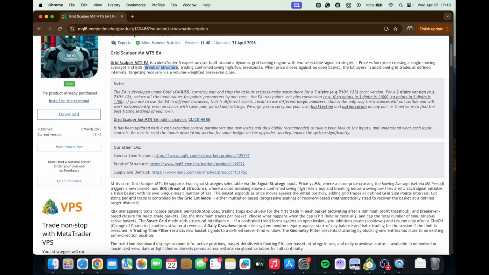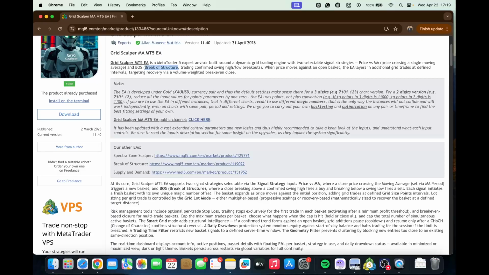So you have the opportunity to choose between these two strategies for this EA, the Greed Scalper. And talking about scalper, you should know that this is primed for the lower time frames like the 5 minutes or the 15 minutes, because you can't obviously scalp on the 4 hour or the daily charts.